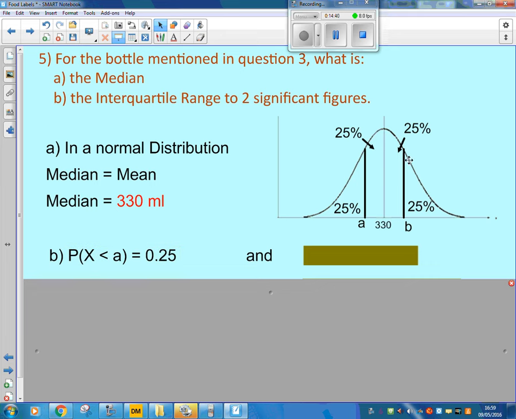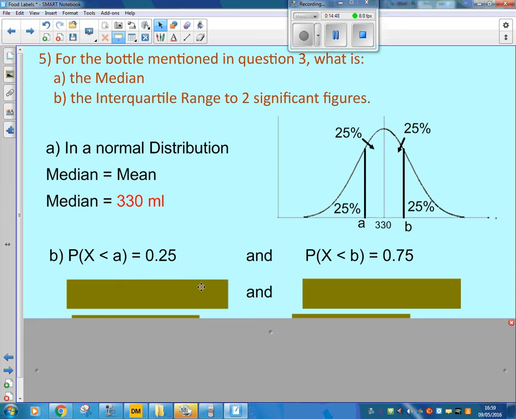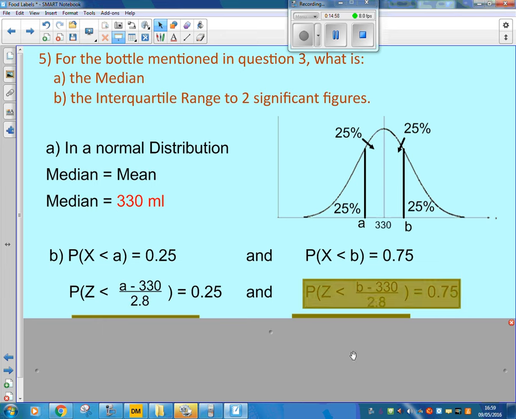The probability it is below B will be 0.75. And I could instead have done above B as 0.25. Now if I solve those, it's the same method as I used before. I standardize first. A minus the 330 divided by the 2.8 in each case. Here it's B minus 330 over 2.8.